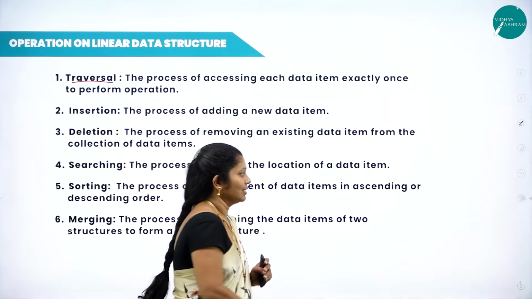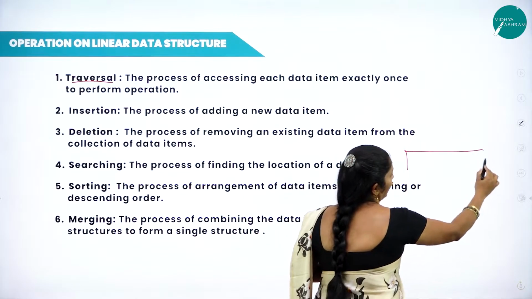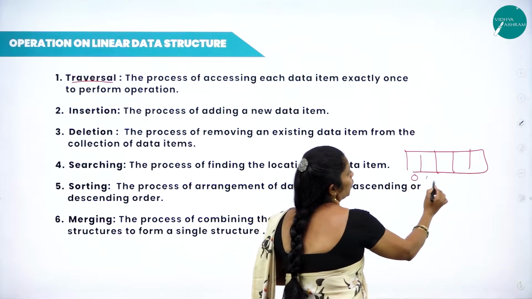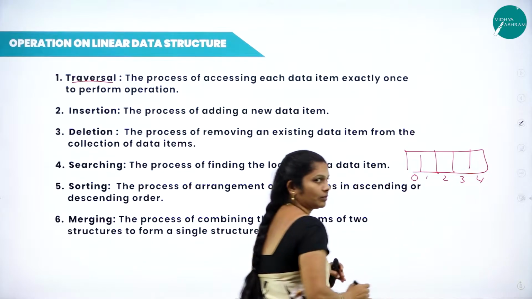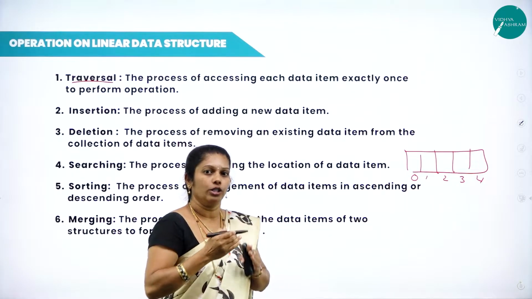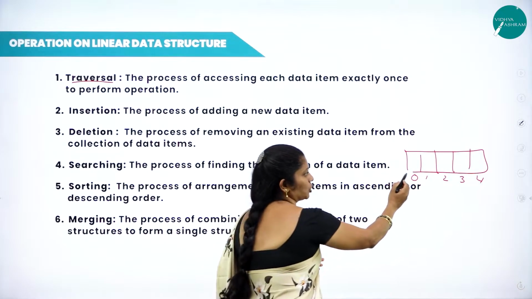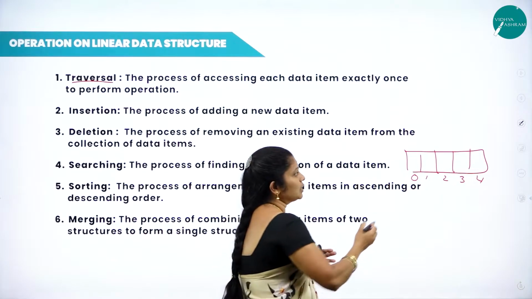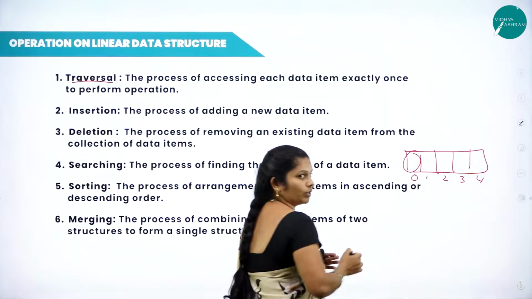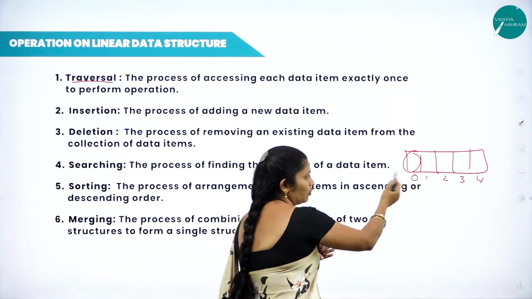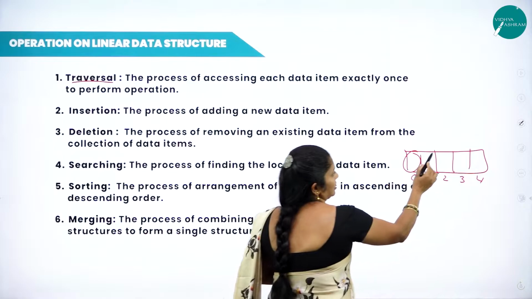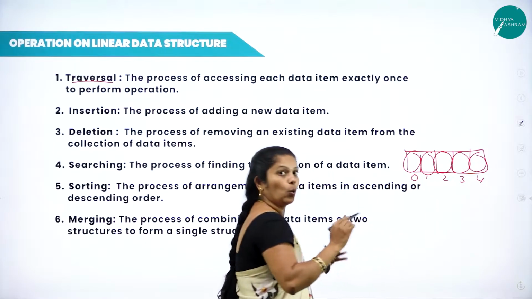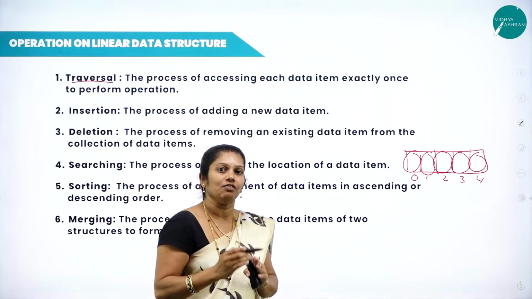Consider we have the array elements. Here all the elements are arranged position-wise 0, 1, 2, 3, 4. Consider that in the classroom we have students: this is the first student, second, third, fourth, fifth. Traversing means visiting each node one by one. First we access the first student, then the second, third, fourth, fifth, one by one without any deviation.